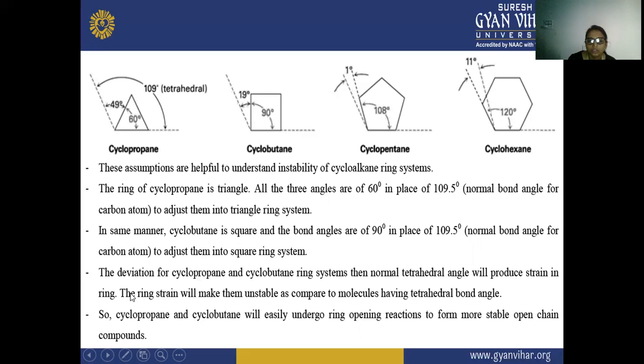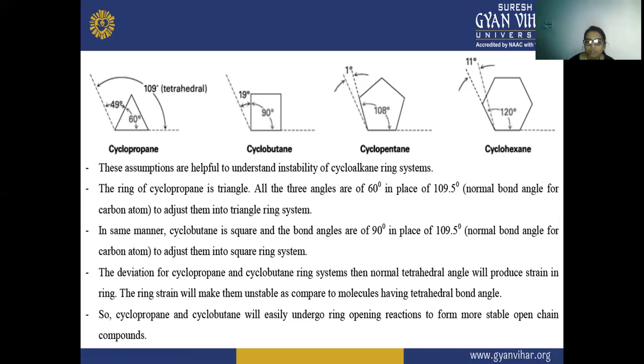The deviation for the cyclopropane and cyclobutane ring systems from the normal tetrahedral angle will produce strain in the ring. The ring strain will make them unstable as compared to molecules having tetrahedral bond angle.